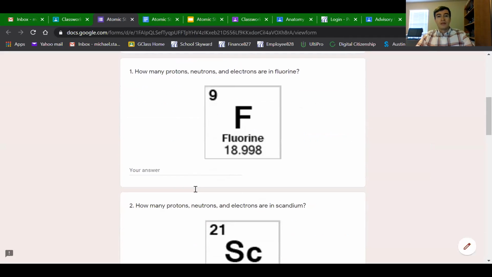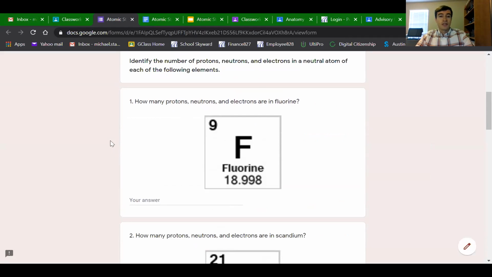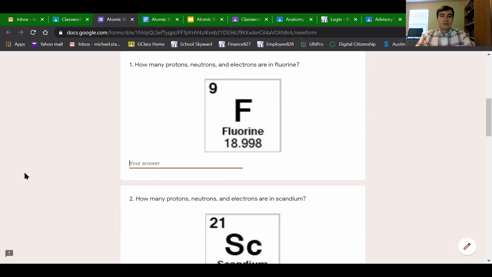It's just that for each atom, the Google form doesn't really allow me an easy way to list out protons, neutrons, and electrons all separately. So instead, I want to make sure that you put all of that information into one answer. For example, this is not the right answer. Do not write this in on your homework.